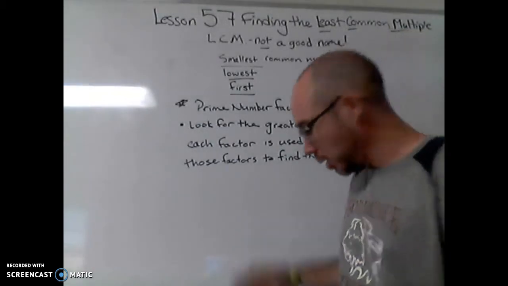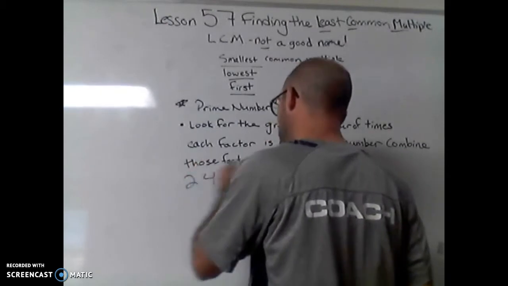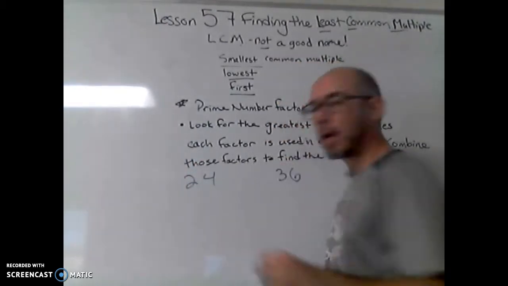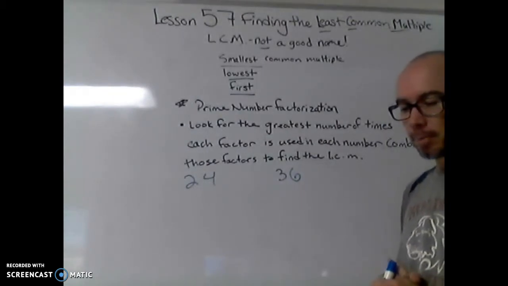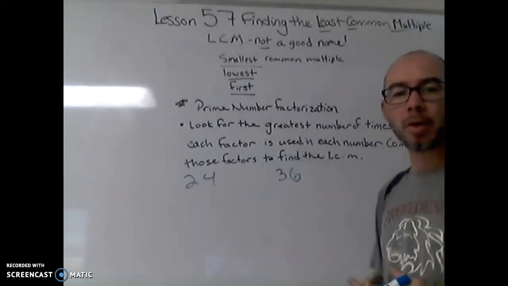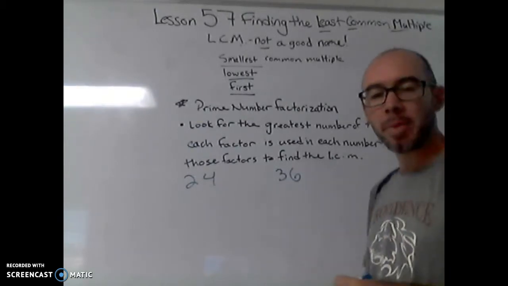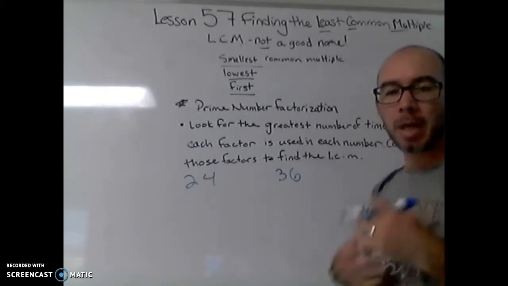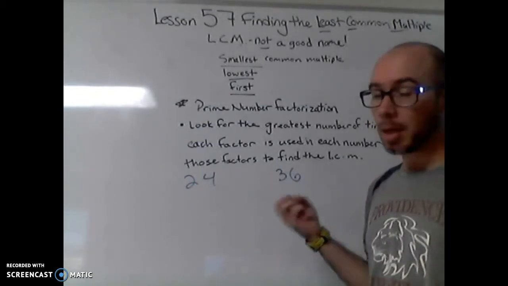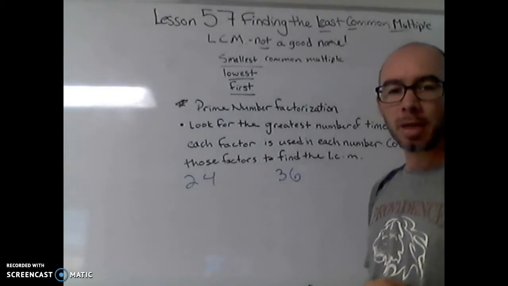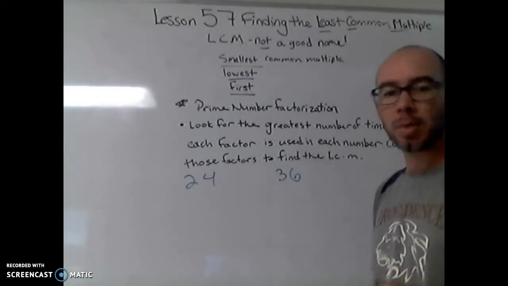But let's first look at taking the least common multiple of these two numbers right here. There are a couple of ways that have been taught. Maybe you've heard of a factor tree or a factor ladder. Maybe I'll demonstrate both of those. But I typically like to just pick the first two numbers that come to mind that multiply together. Like when you're doing your times table, what times what is 24?